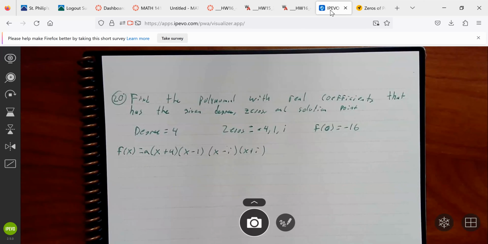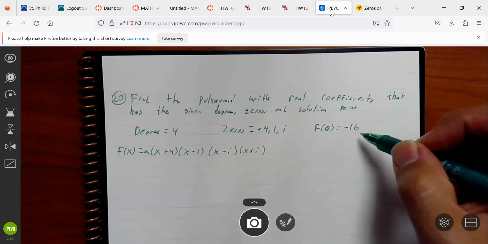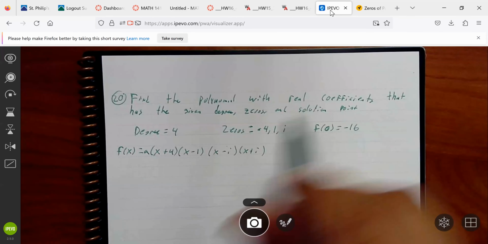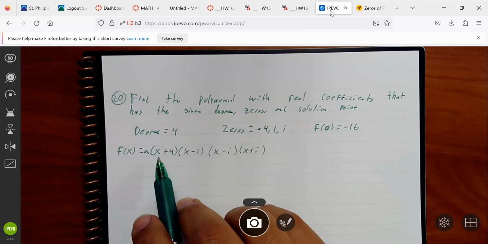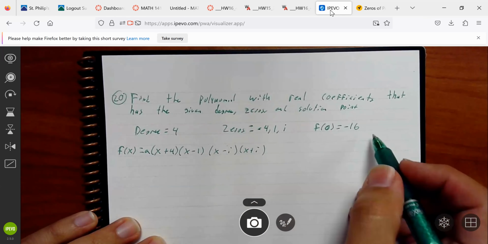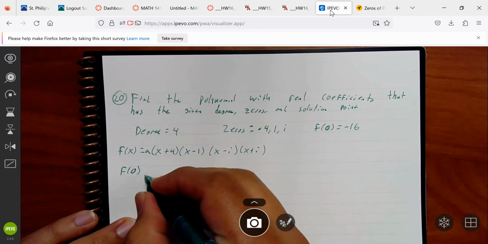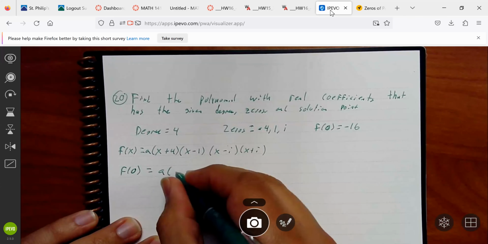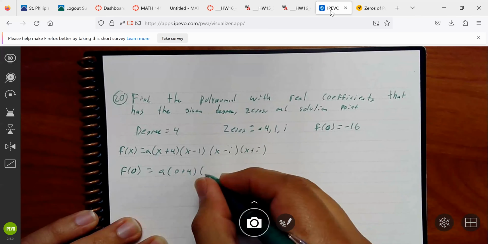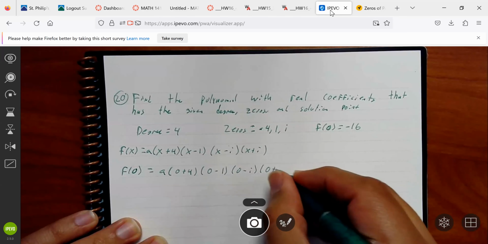All right. Now, if you multiply all this out, well, I don't know if I really want to do that. Let's try plugging it in instead and trying to solve for A. That might be easier. We'll see. So it says at 0, we have negative 16. So f of 0 is A times 0 plus 4, 0 minus 1, 0 minus i, 0 plus i.